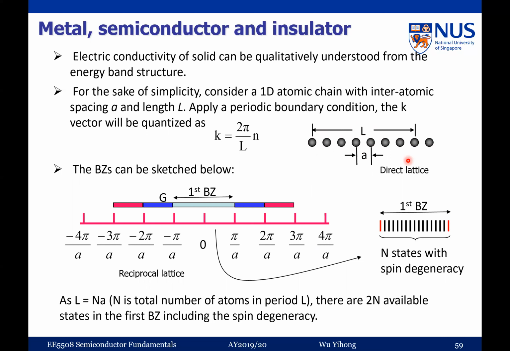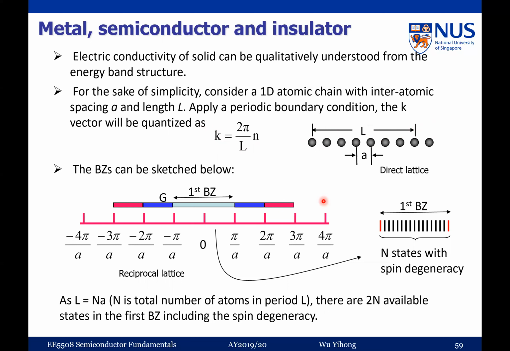When we do this, the k vector will be quantized. If you don't apply the periodic boundary condition, you will have a continuous omega-q dispersion. However, if you apply it, it becomes quantized.